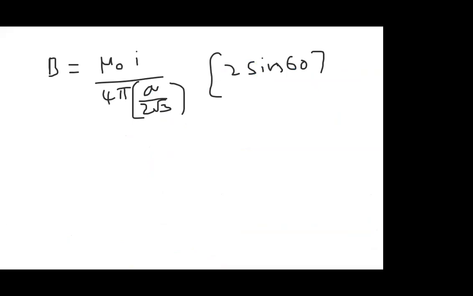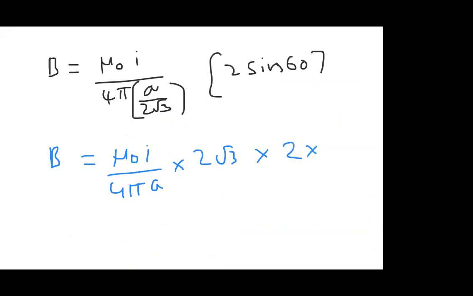Now if you observe, 2 sine 60 is there. So B is equal to mu naught I by 4 pi a, and the 2 root 3 will come to the numerator, 2 into sine 60. What is the sine 60 value? Very well you know, that is root 3 by 2. Well done.